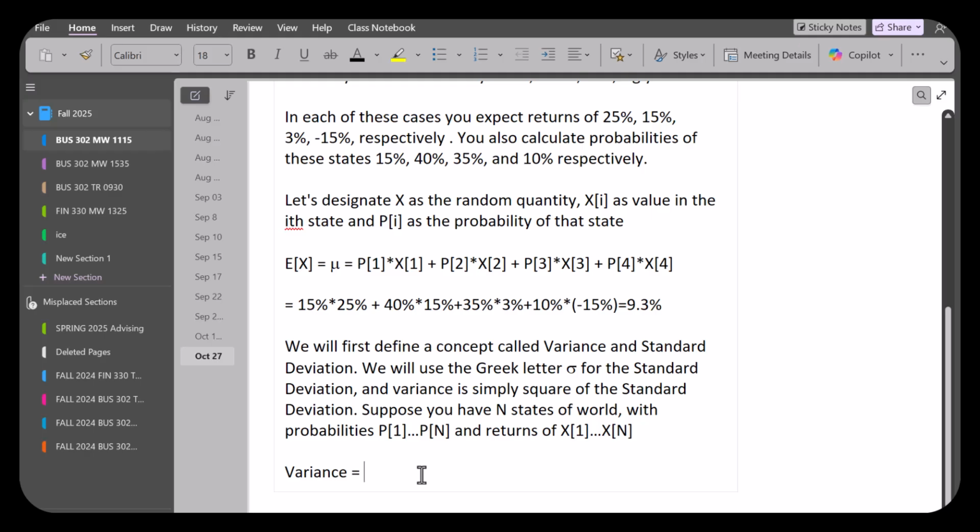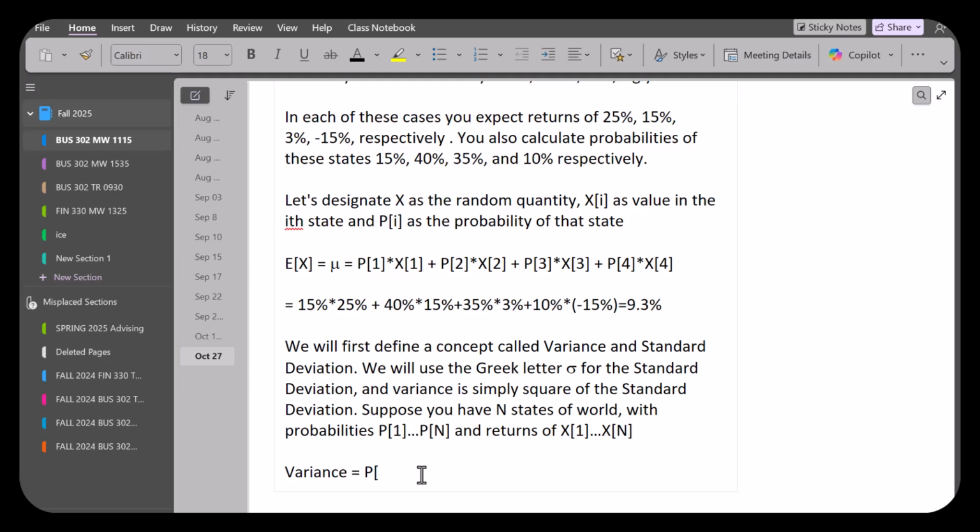Then variance is equal to, this is going to sound very unnatural, and it is unnatural, the sum of these squared deviations from the mean or the expected value multiplied by their probabilities.